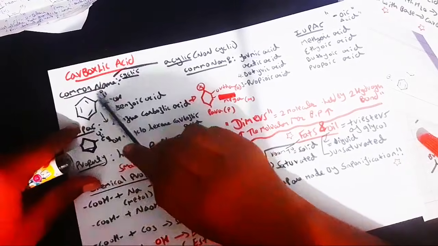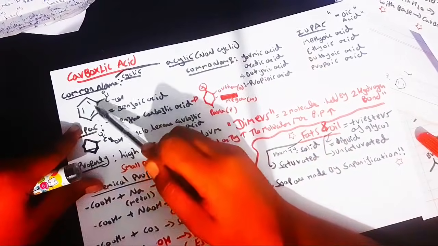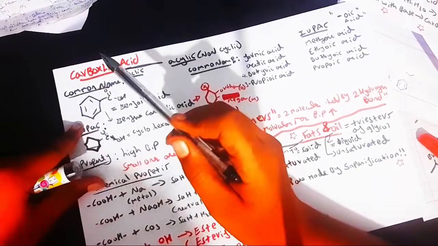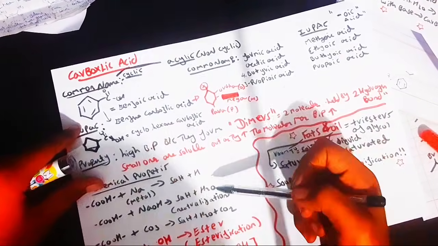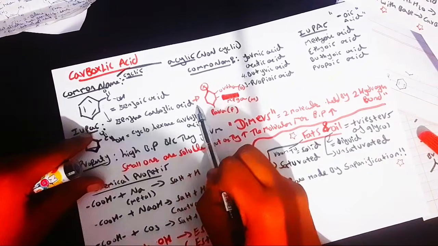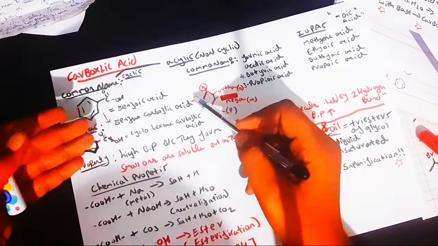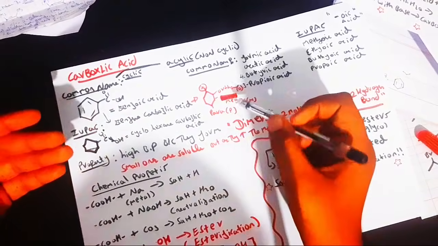if you see the structure, it is benzene with a carboxylic acid. The common name for this is benzoic acid, and benzene carboxylic acid is the IUPAC name of this structure.